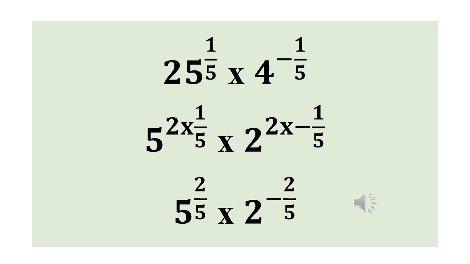So 2 times 1 over 5, the exponent on 5, will give us 5 raised to power 2 over 5, then 2 times minus 1 over 5 gives us minus 2 over 5. So we now have 5 raised to power 2 over 5 times 2 raised to power minus 2 over 5.